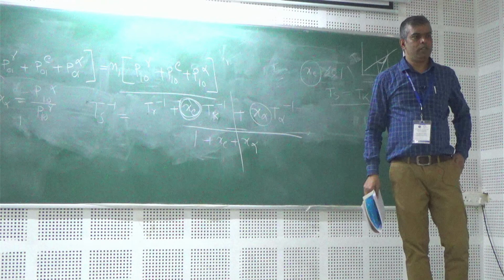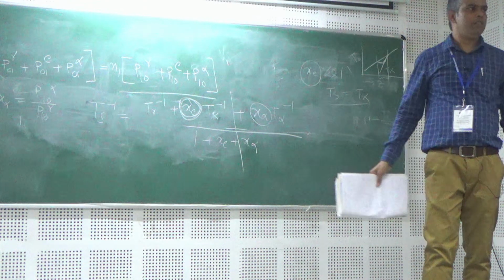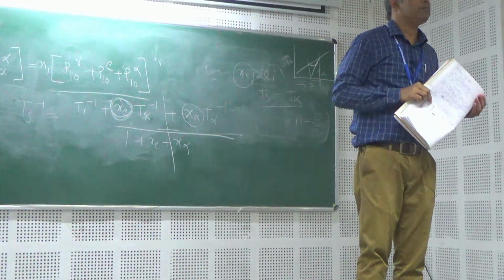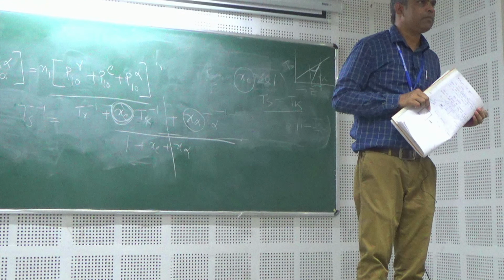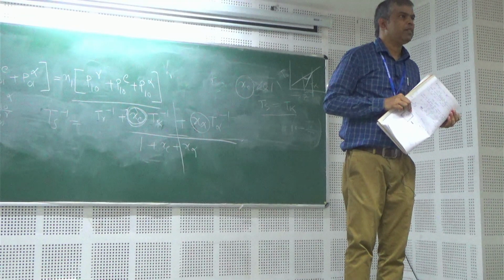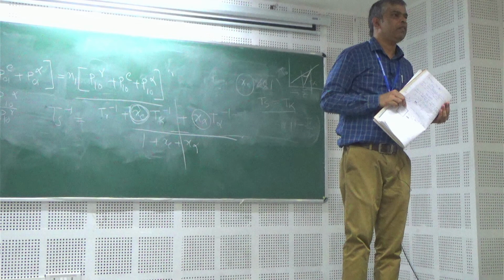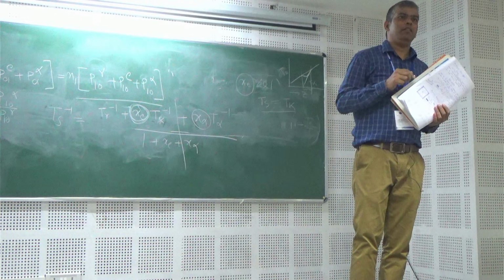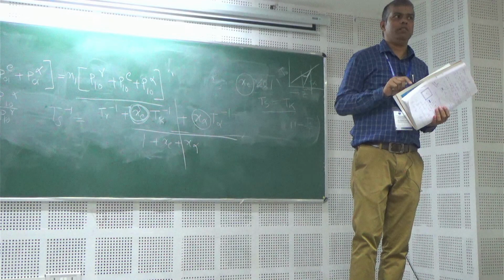Any question so far? Yes. So you talked about the Lyman alpha transition. Why doesn't the similar thing apply for Lyman beta or Lyman gamma and the other lines? Yeah, that I will discuss. You have to wait for that. Maybe today in the second lecture I will discuss that.